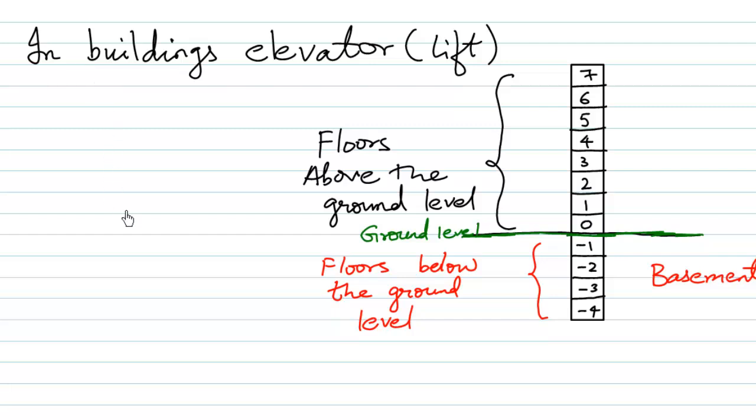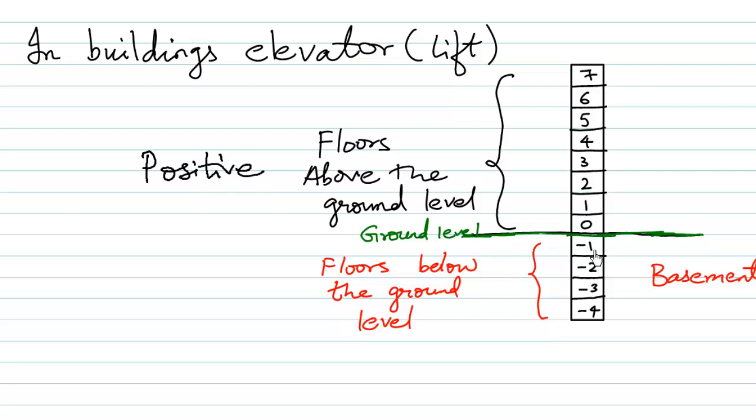Then we also use the system of negative numbers in buildings, in the elevators, in the lifts. Take the example of such a building. This building has a ground floor, meaning floor number 0, and then it has the first floor, second floor, third floor, fourth floor, etc. So all the floors above the ground level are considered to be positive.